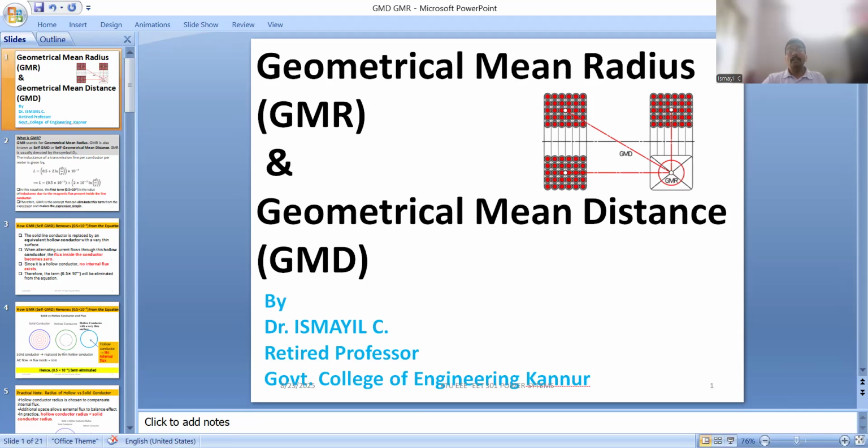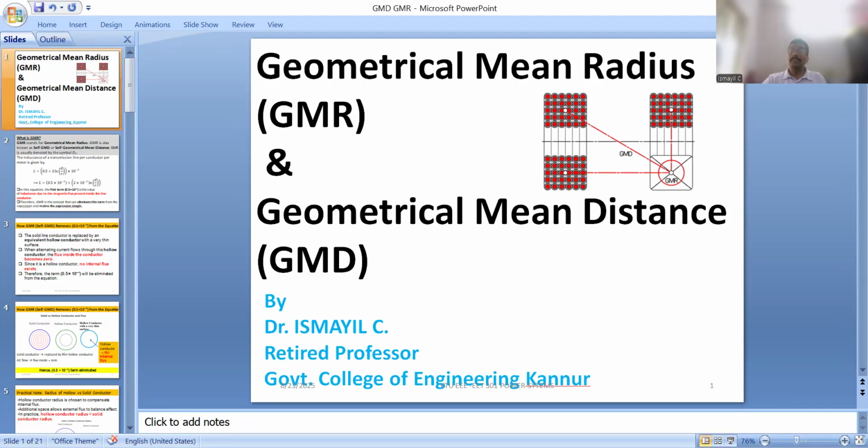So what is GMD? The formula is the same. That is the cubic root of D12, D23, and D31. D12 is equal to 5 meter, D23 is equal to 5 meter, D31 is equal to 8 meter.